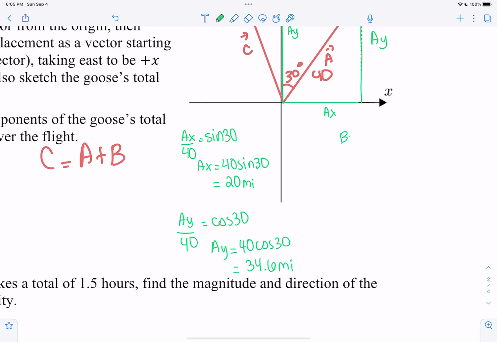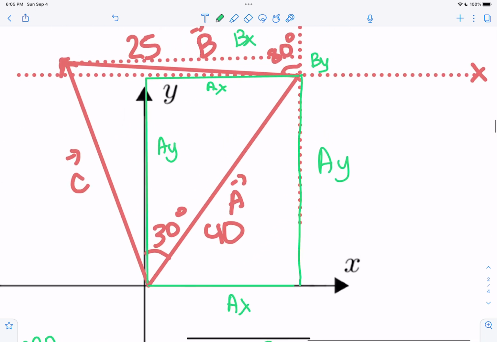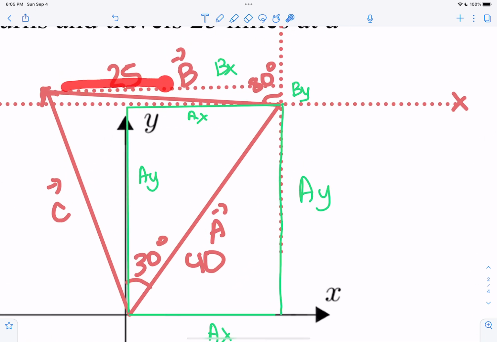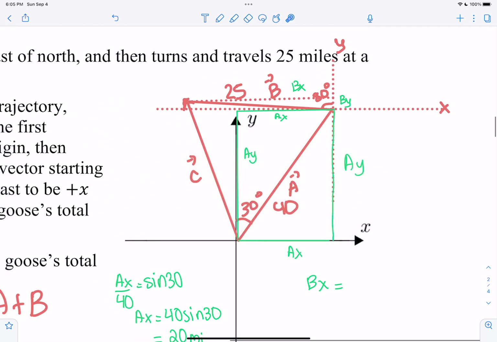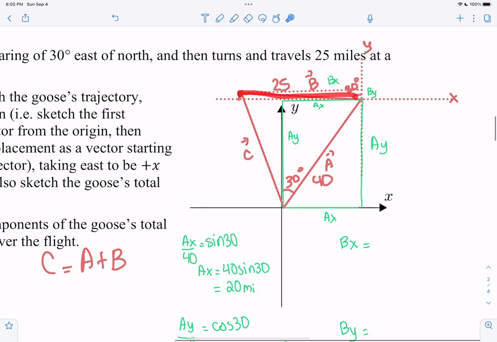Now we need to figure out bx and by, right? So here's bx, and here's that little angle, 80 degrees. So how can we figure out bx? And we know that B is 25 miles.